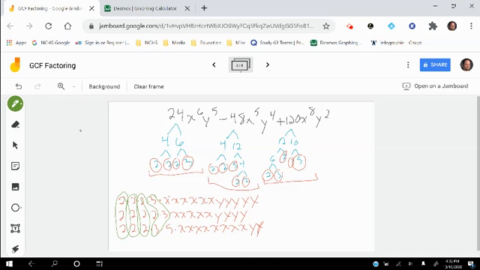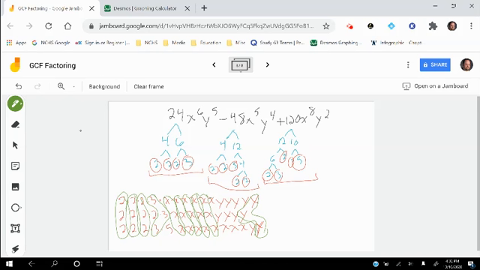Then we have a set of x's, another set of x's, another set of x's, another set of x's. I'm just going to go till I run out of that variable. No more x's in the middle, so I can't circle anymore there. For the y's, I'm just going to go to the edge here. I have a set of y's.